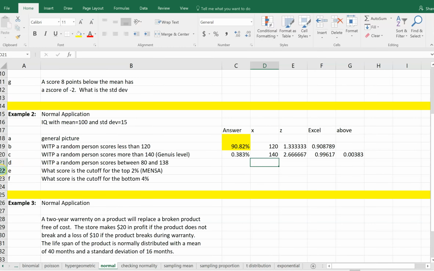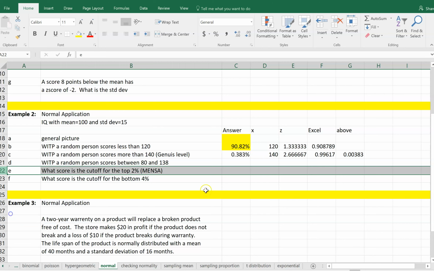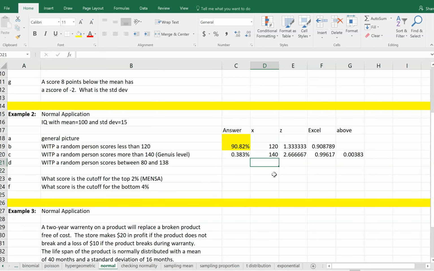So we have two x values, so I'm going to insert here because I have two x values. I have 80 and 138. First, I'm going to turn those into z values by utilizing the formula that x minus the mean divided by the standard deviation will give us the z value.